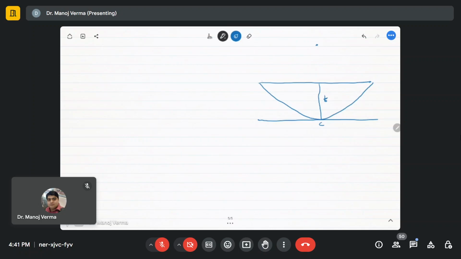This is R. R is the radius of curvature of the plano-convex lens.